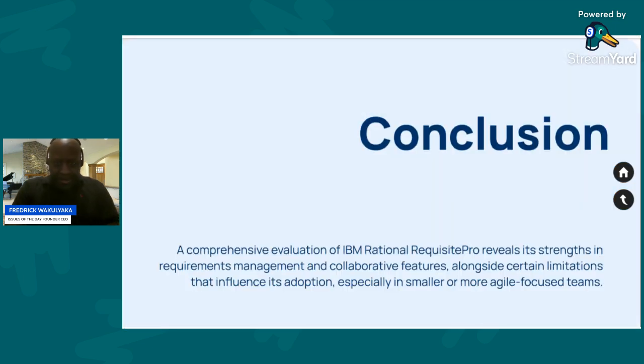Conclusion. A comprehensive evaluation of IBM Rational RequisitePro reveals its strengths in requirements management and collaborative features alongside certain limitations that influence its adoption, especially in smaller or more agile-focused teams.